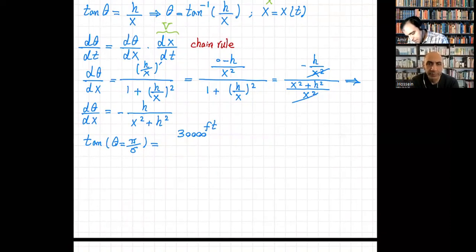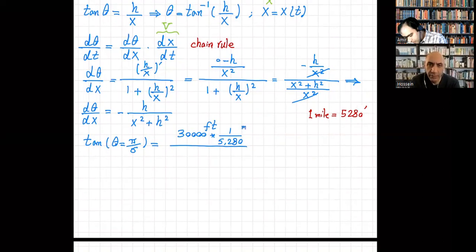I'm going to divide it by 5,280, the number of feet in one mile. So I changed the unit to miles, to be more accurate.